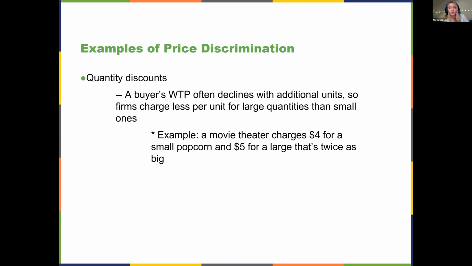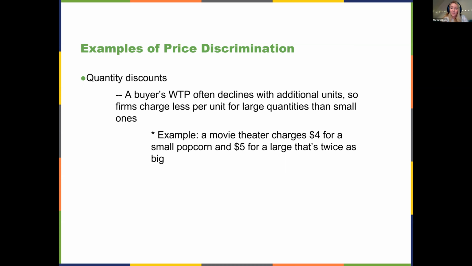If you go to Costco or Sam's Club and buy toilet paper and paper towels in bulk, you'll be paying a lower price per roll than if you went to Kroger and bought the same exact toilet paper or paper towels in a smaller package. So buying in bulk is another example of price discrimination.